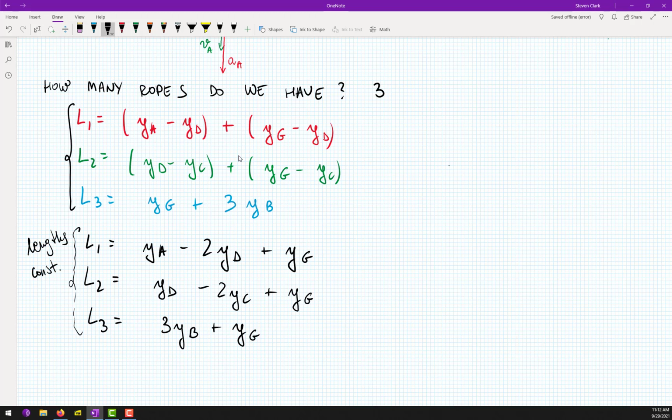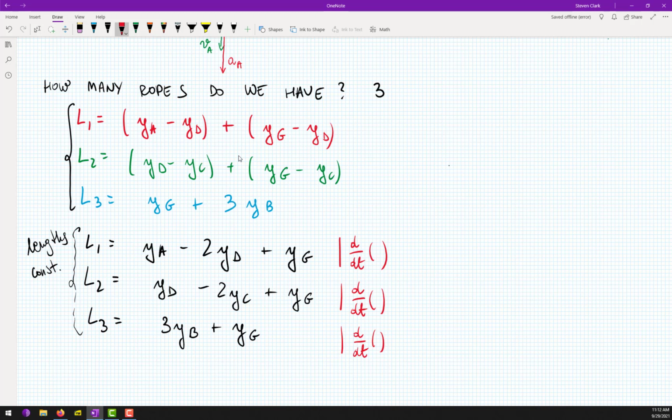Okay, so we have our expressions for lengths, but we would like to get to the velocity and acceleration level. In order to get to velocity level, you guys know what we should do. We should basically take the first time derivative of these three equations.